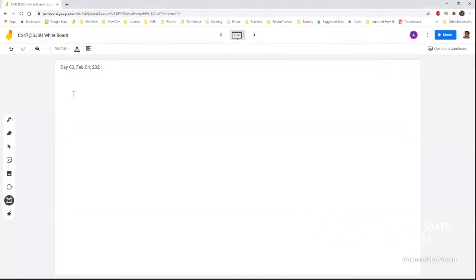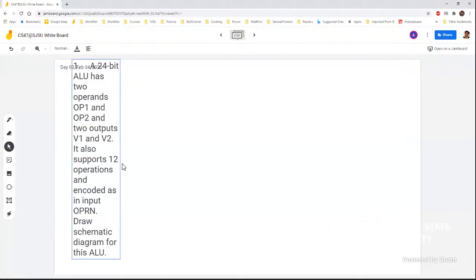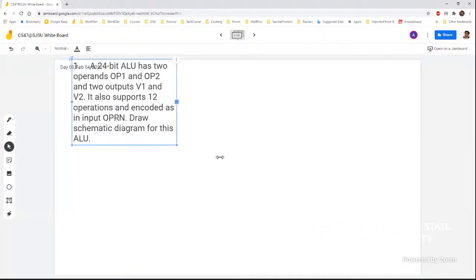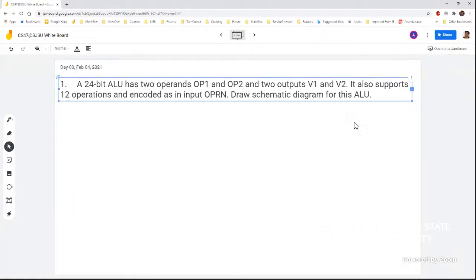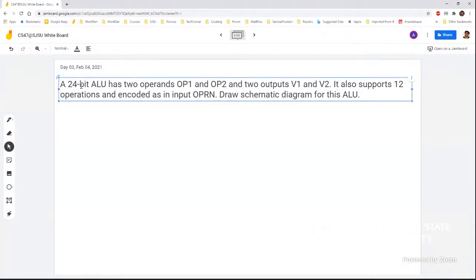So this one, something like this. What it says, it's a, let's say, 24-bit ALU.